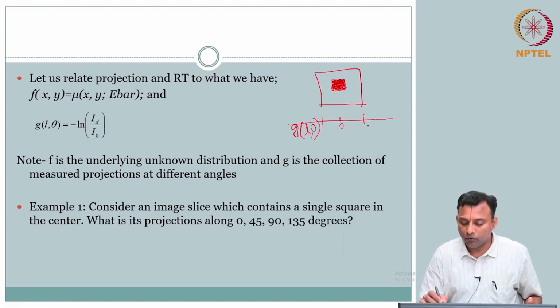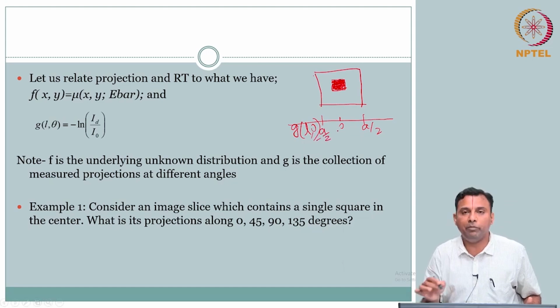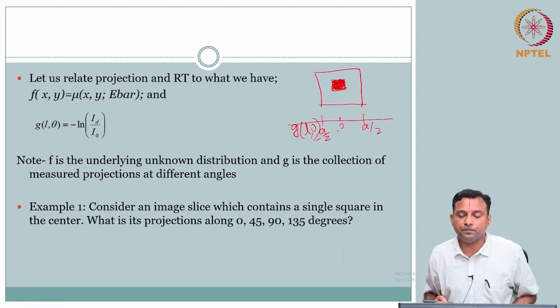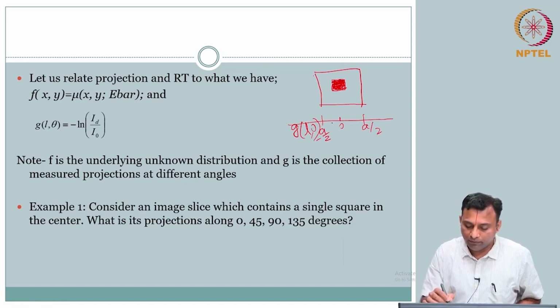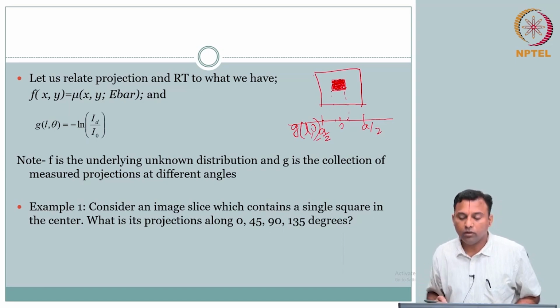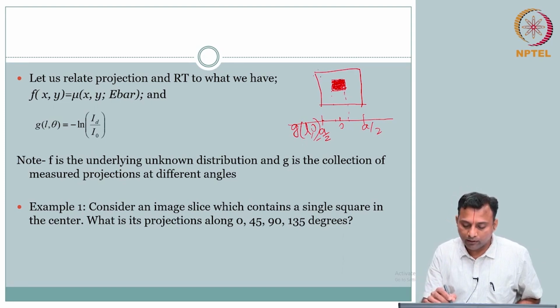Minus A by 2 to A by 2, A being the width. You see what's happened? What is my projection? 0, 0, 0, 0. So the line integral, all of this is 0.